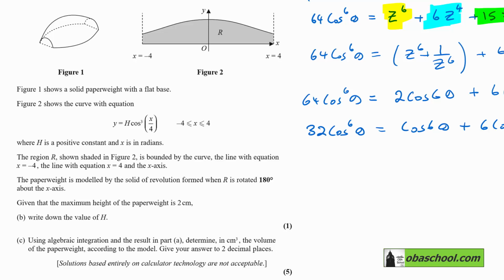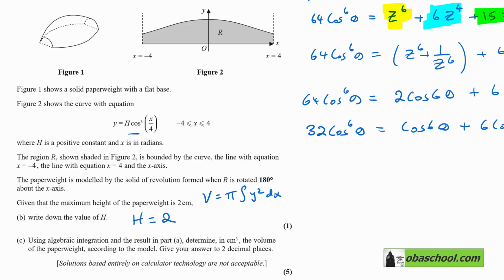Well, we know that cos has a maximum value of 1, and that tells us that h is equal to 2. In part C, using algebraic integration and the result from part A, determine in cubic centimetres the volume of the paperweight according to the model, giving your answer to 2 decimal places. Well, we know that a volume of revolution is pi times the integral of y squared dx.